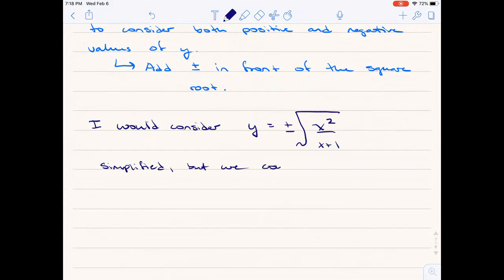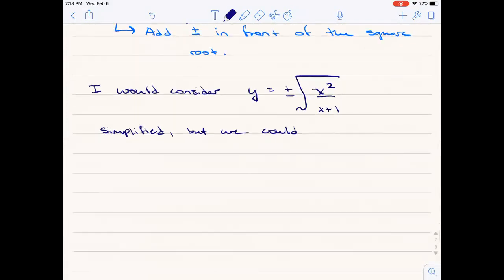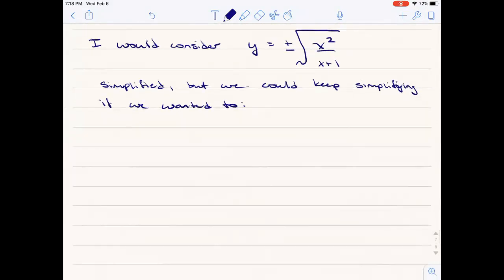But we could keep simplifying if we wanted to. And here's what it would look like.